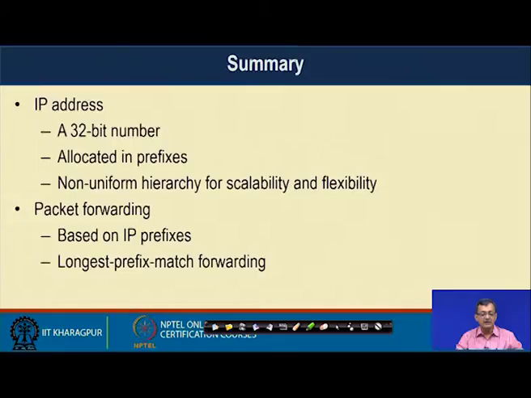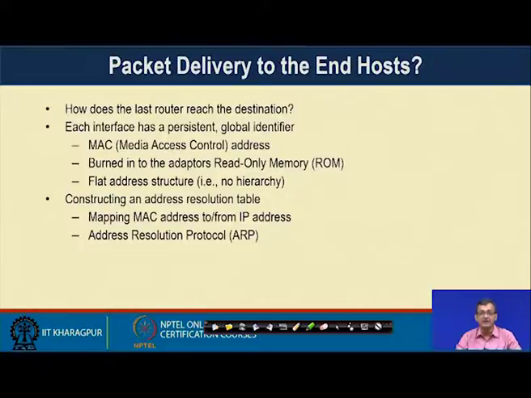And finally, how is this packet delivered at the end host? We will see subsequently that whenever a router forwards to another router or to a particular host, there should be a resolution to the MAC address. Finally, it should find out the next hop MAC address and deliver the packet.